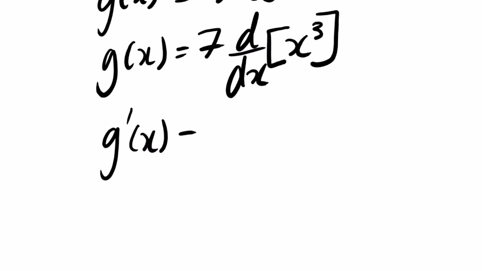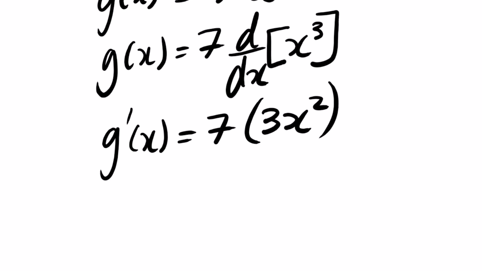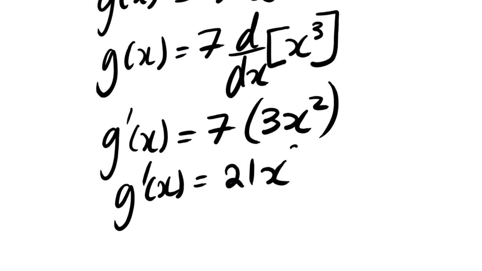Then we find the derivative of x cubed, which is 3x squared. Seven multiplied by 3 is 21x squared. Let us look at more examples.